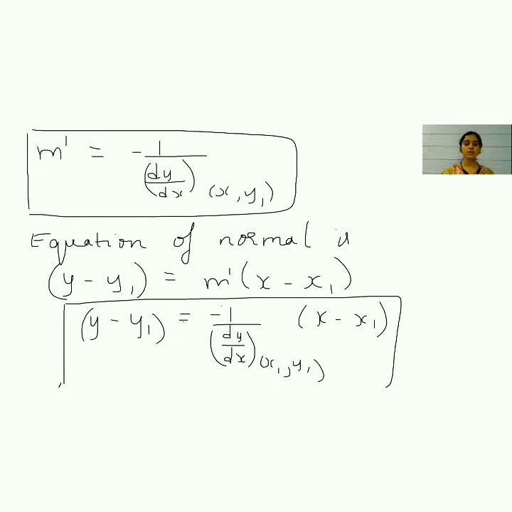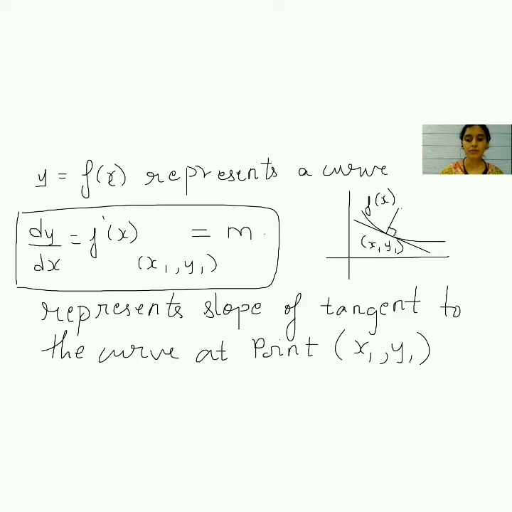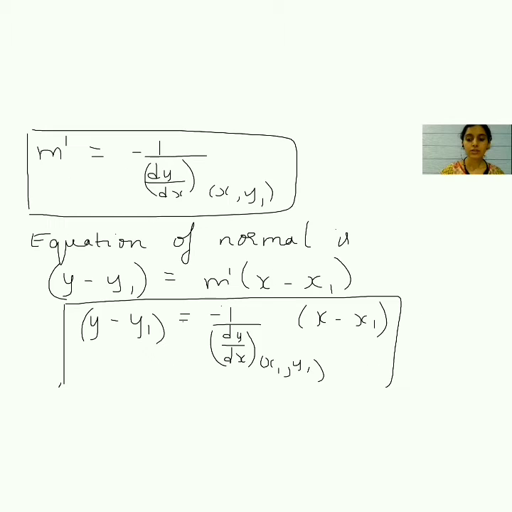So it will be y minus y1 is equal to minus 1 upon dy by dx at x1 y1, multiplied by x minus x1. Now this is the first application of derivatives, that is the application in the geometric field, so geometry. This is the first one.